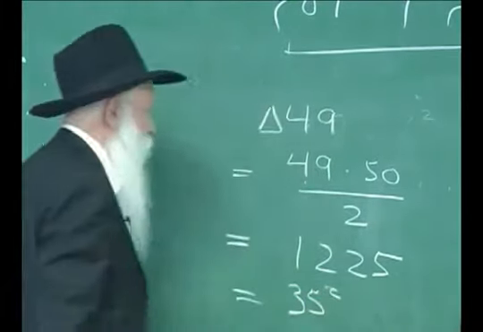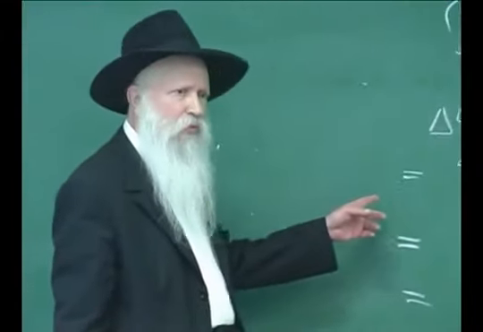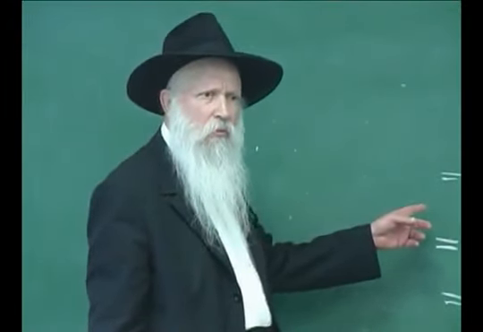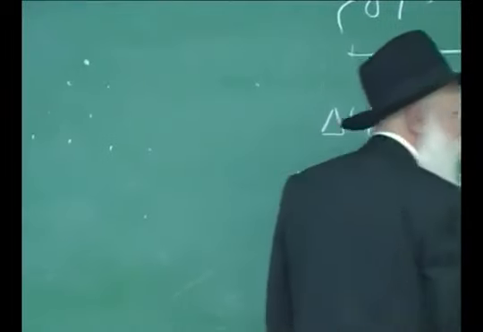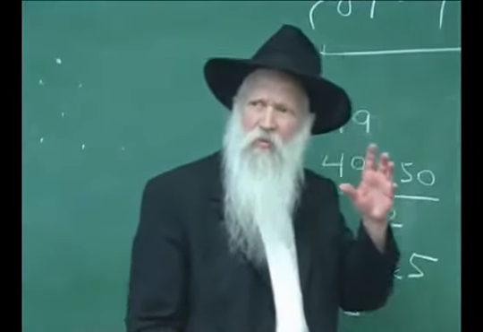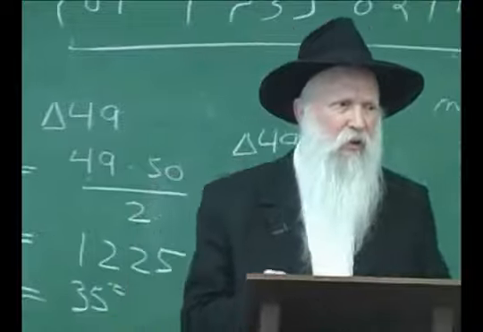So what do we see here? We see that the triangle of 49 equals the square of 35, which is the exact same phenomenon that we saw before about Hanukkah.